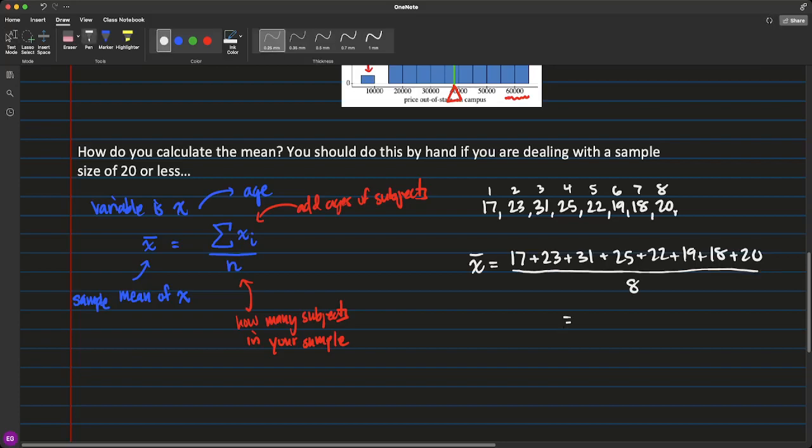So let's add this together. If you add all the 10s, you get 10, 30, 60, 80, 100, 110, 120, 140.